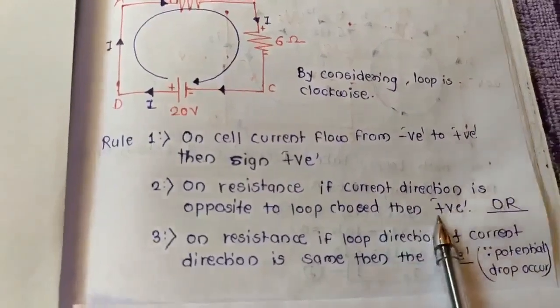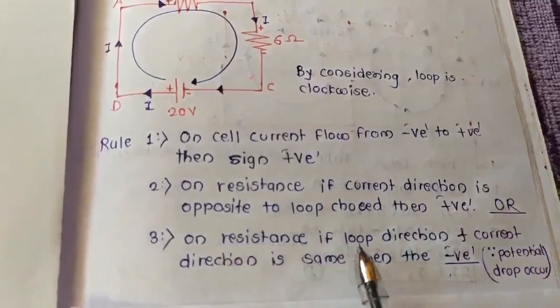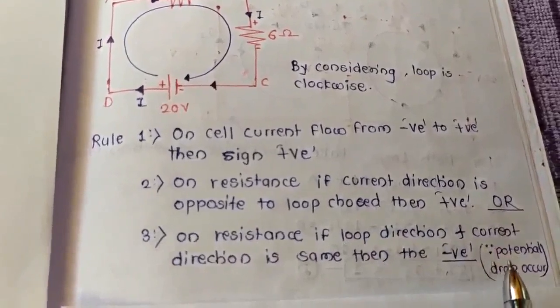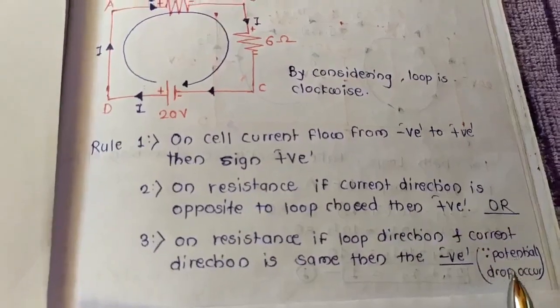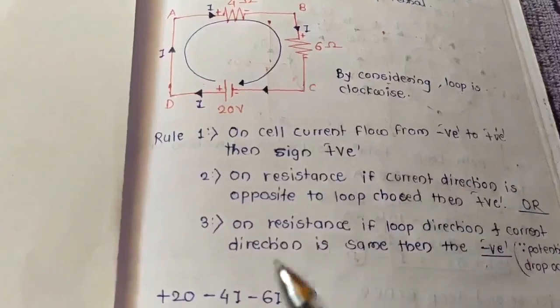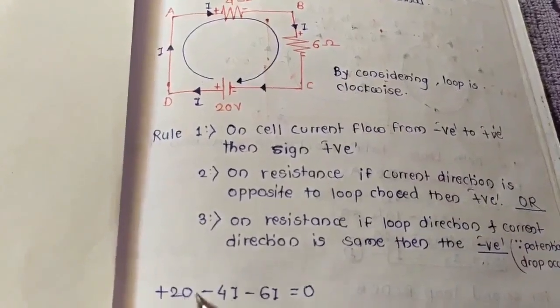Opposite, positive. On a resistance, if loop direction and current direction are the same, then take negative because potential drop occurs. Now see the circuit and see this equation.